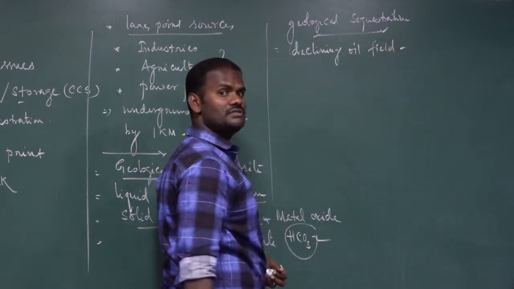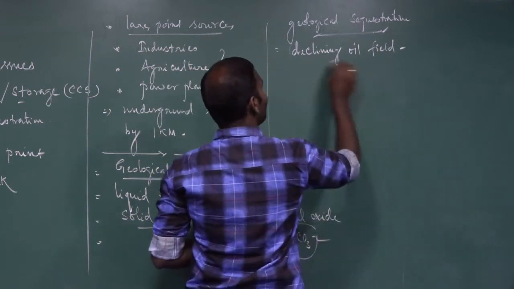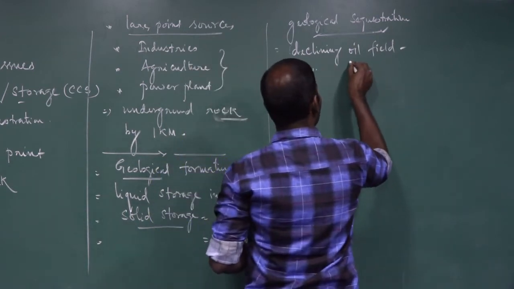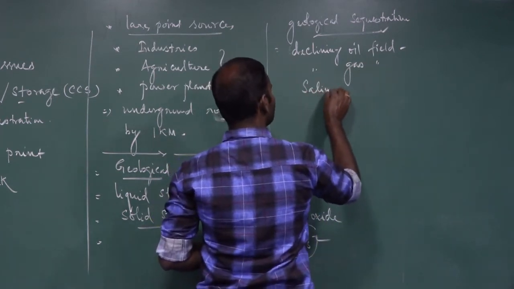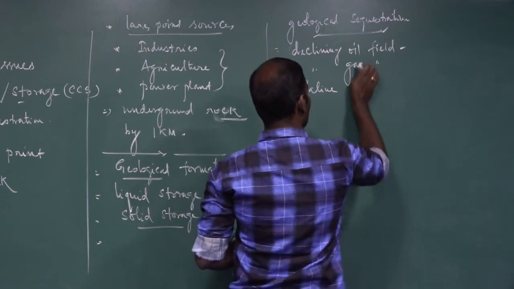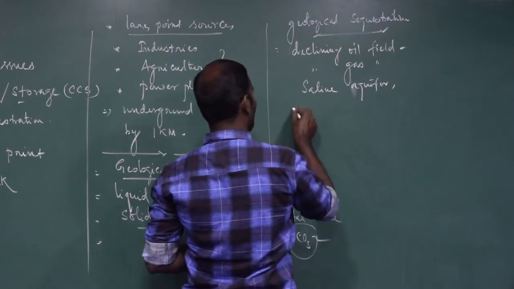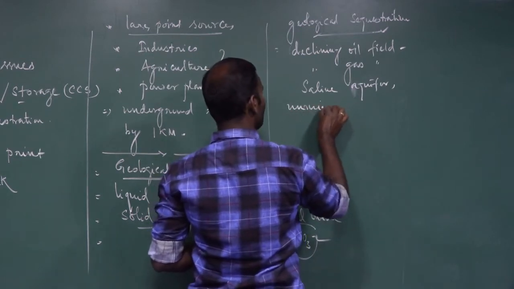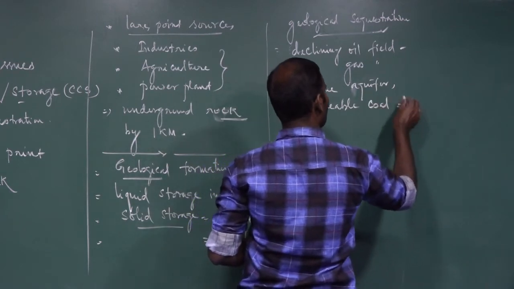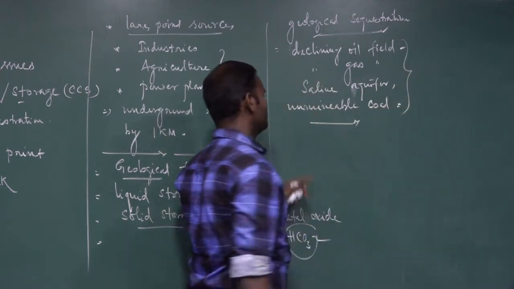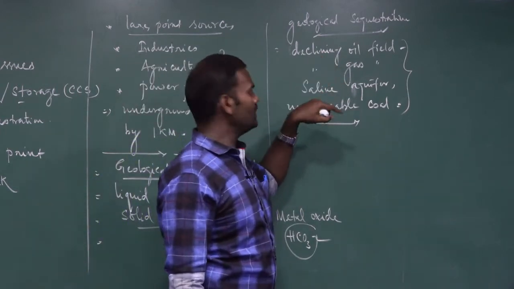These are the sites we have to select as the safest sites for storage of carbon dioxide: declining oil fields and declining gas fields, and also saline aquifers and unminable coal areas. These are the sites that have been suggested for the storage of carbon dioxide or carbon.